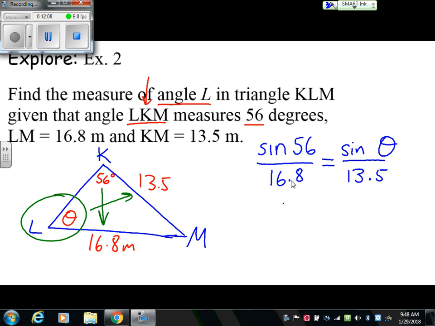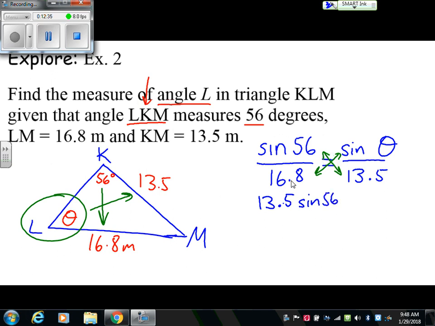So our next step is to actually do some algebra. First step, again, we're cross multiplying. We're crossing over the equal sign here. So I'm going to take 13.5 and multiply that times sine of 56.